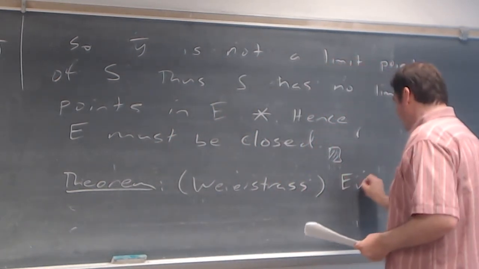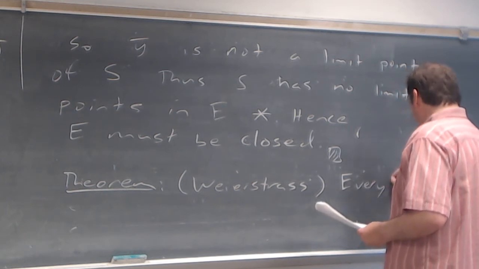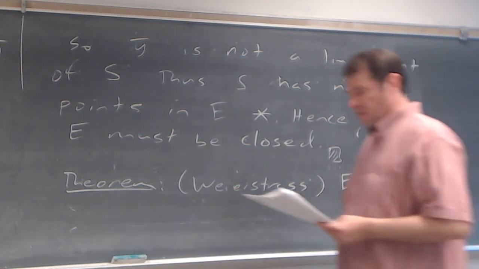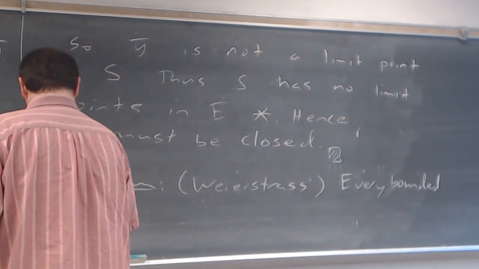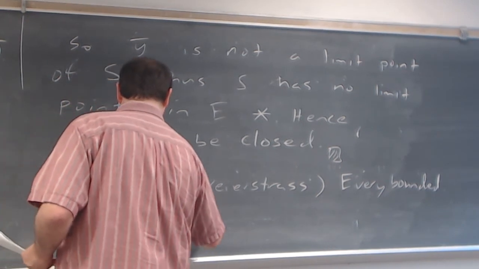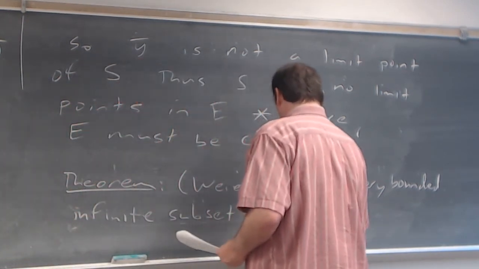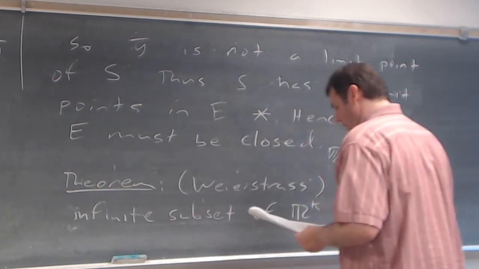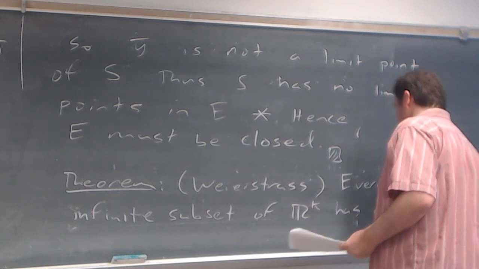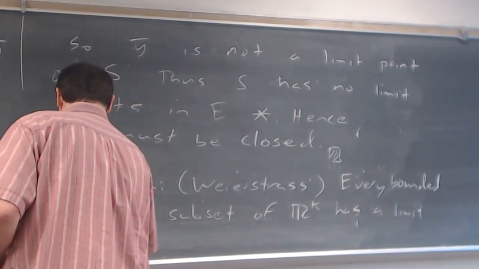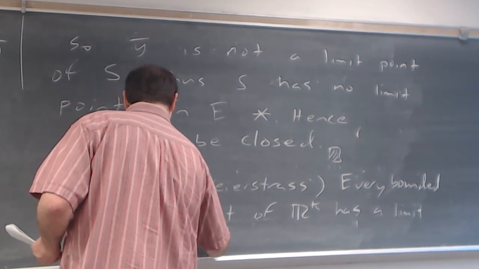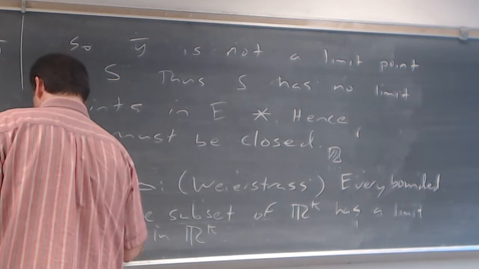What it says is every bounded infinite subset of R^k has a limit point in R^k. We'll prove this.